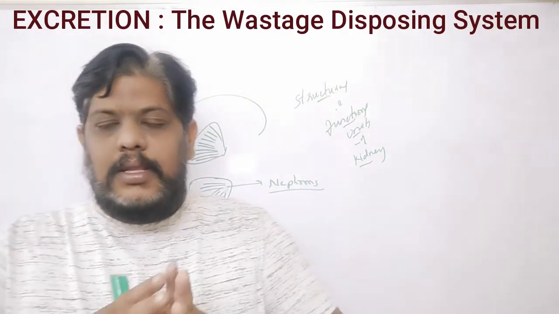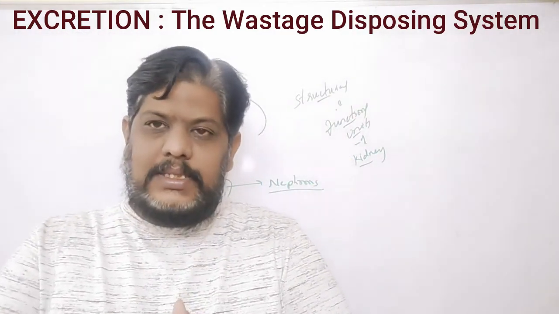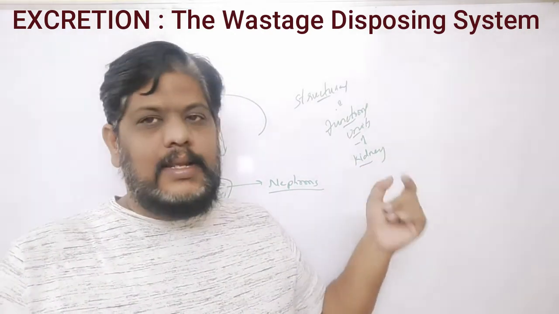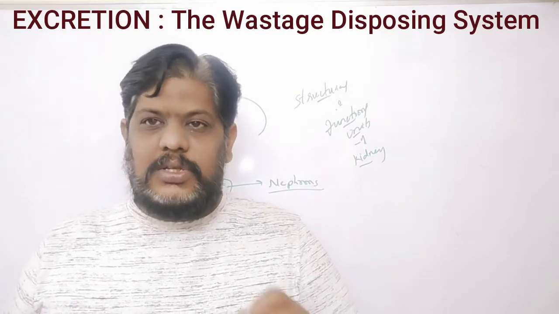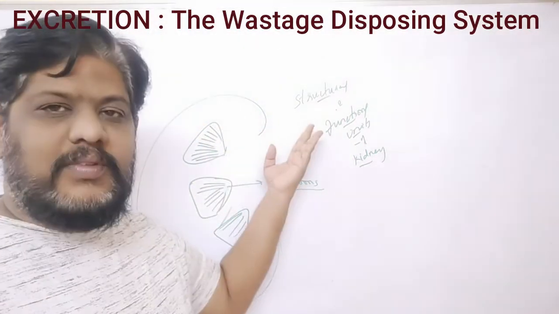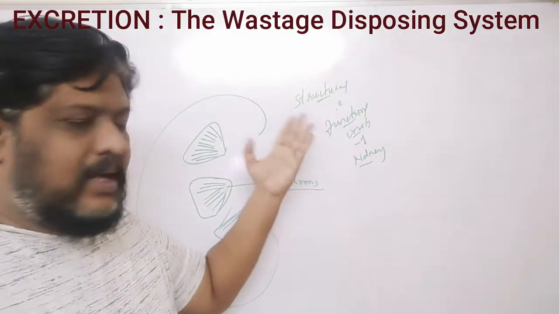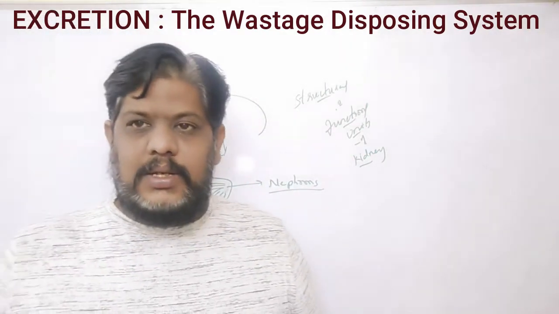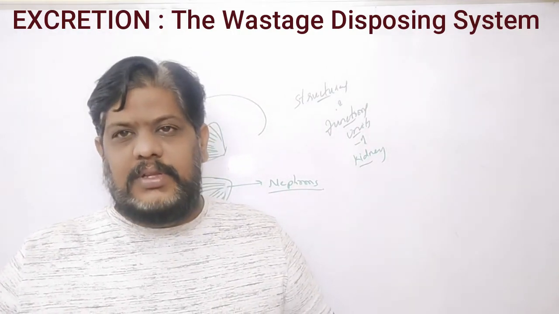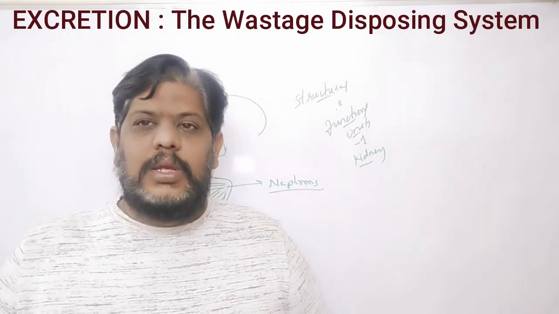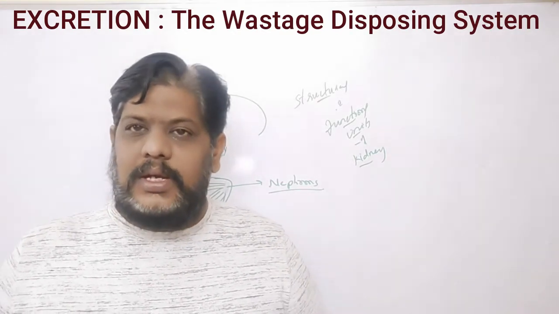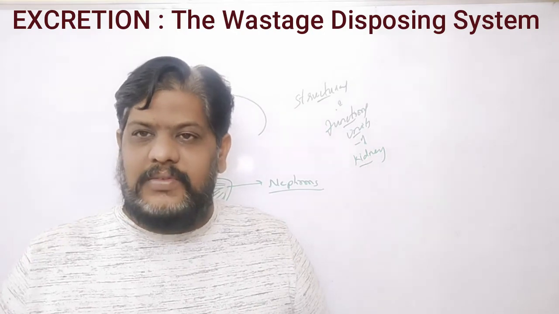So all the functions of the kidneys are carried out by the nephrons. That's why we say that they are the functional units of the kidney. Now we are going to see the structure of nephron. This is a very important topic. I want you to listen with full concentration so that you will not get any doubt afterwards. Okay children, get into the topic called structure of nephron.